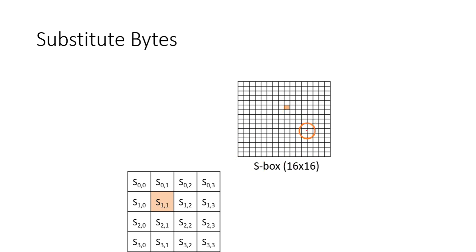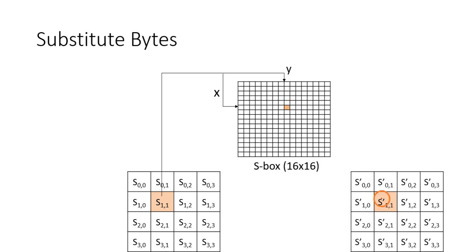What we are using in the substitute bytes transformation is an S-box, which is a 16 by 16 S-box, and a particular entry in the input state goes as x coordinate and y coordinate into this S-box. It's a simple lookup operation, and the entry at the intersection will be given as output.